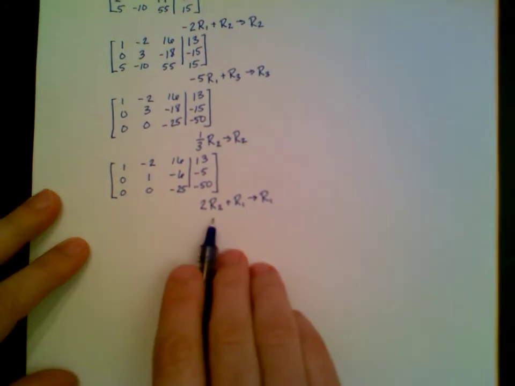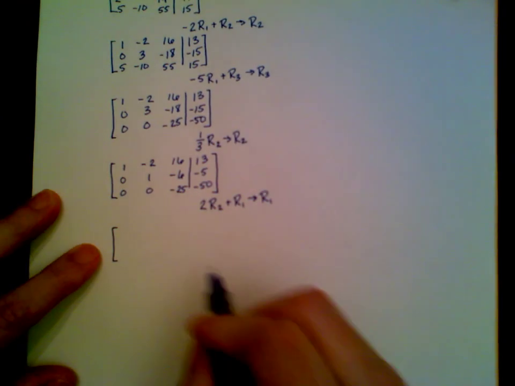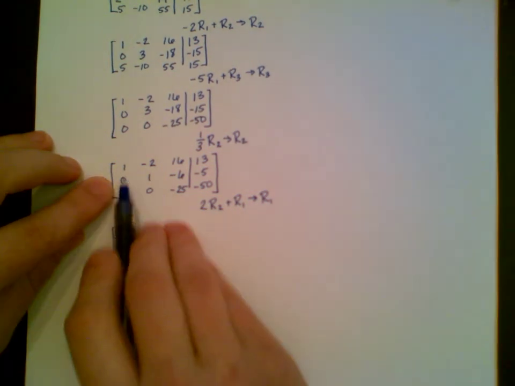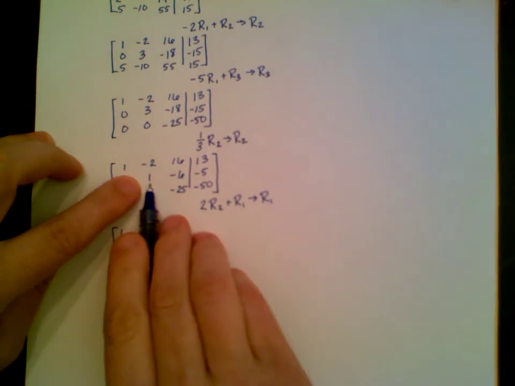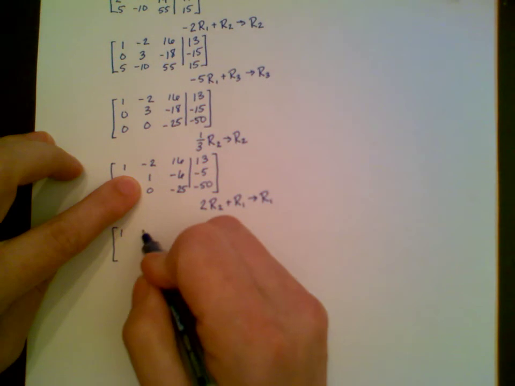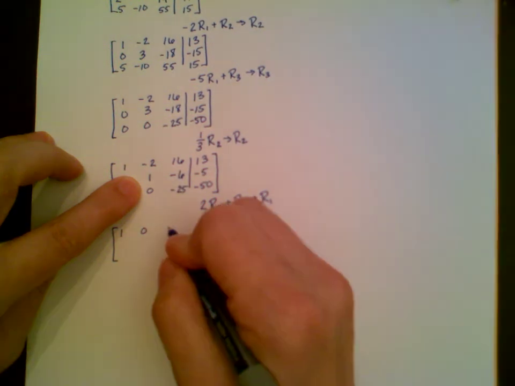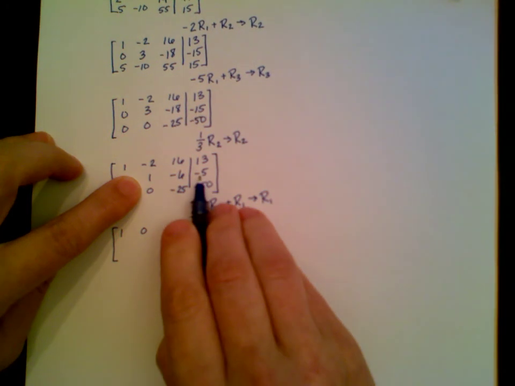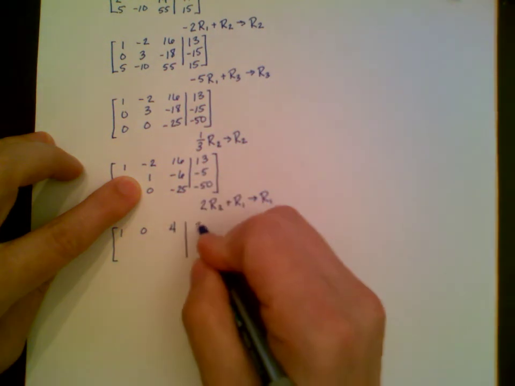Okay, so now 2 times 0 is 0, plus 1 is 1. 2 times 1 is 2, plus negative 2 is 0. 2 times negative 6 is negative 12, plus 16 is 4. 2 times negative 5 is negative 10, plus 13 is 3.